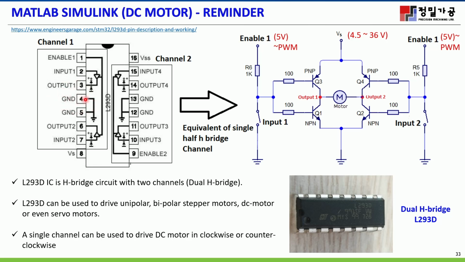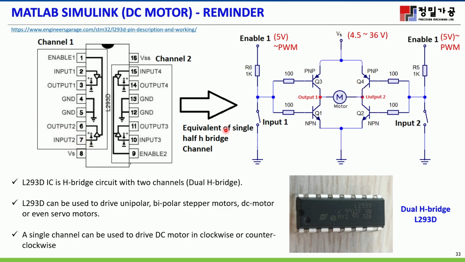Pin 4 is ground, pin 5 is also ground. This is equally the same, and output 2 is the other motor output. You can connect either positive or negative to the motor, it doesn't matter.